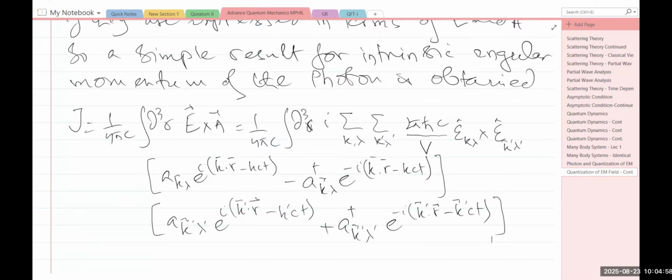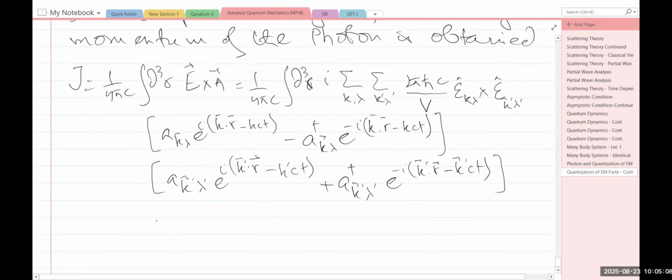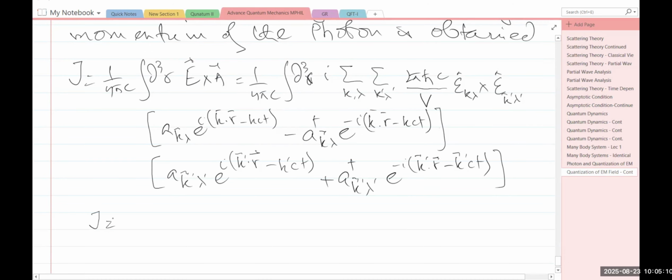Yeah. So now we simplify again by solving the integral for k and k prime, the primed and unprimed integrals. And so what we have is J equals iota over 2, after simplification, times h bar summation over k lambda lambda prime.